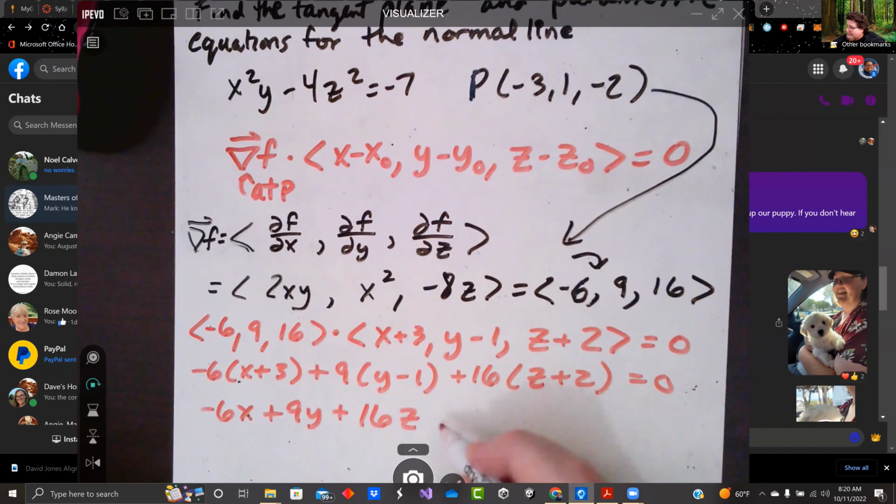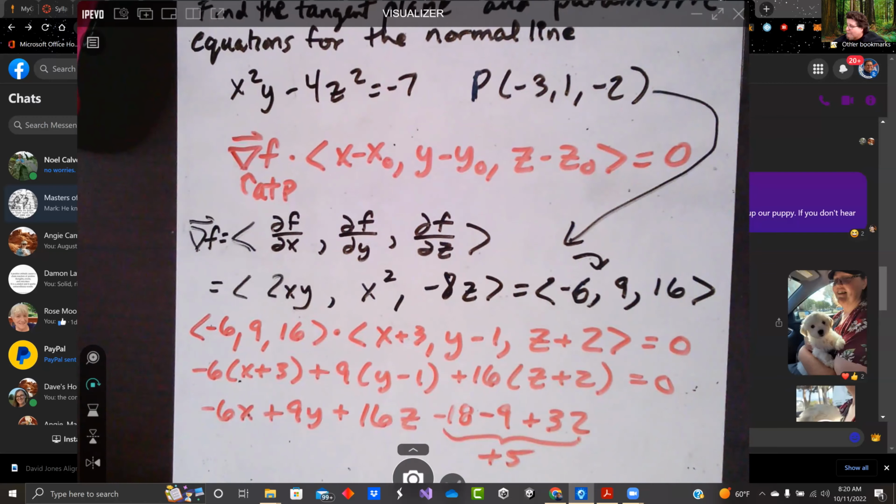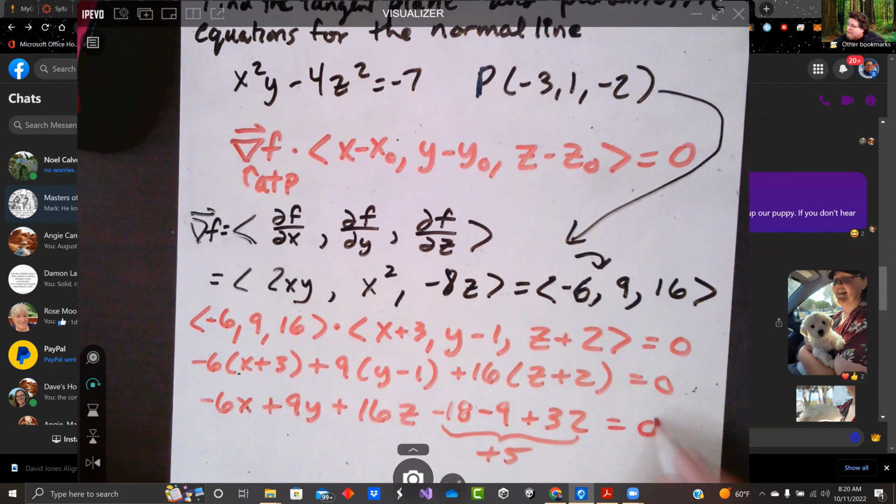I see a -18, a -9, and a +32. So what is that? +5. If we add that up, +5, and move it to the other side, we'll just have equals -5.